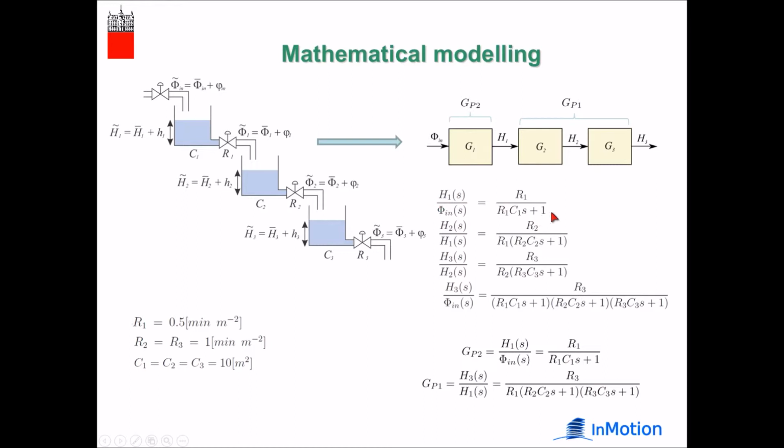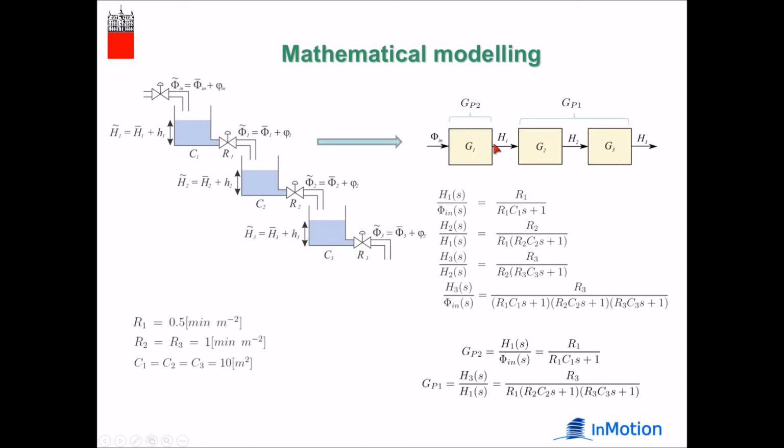Each first order system is described with these equations. So each first order system is actually defined by 1 gain and 1 time constant.